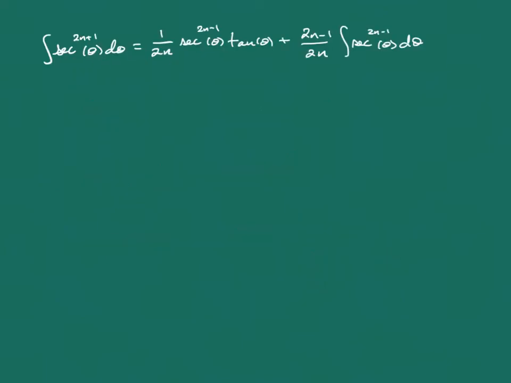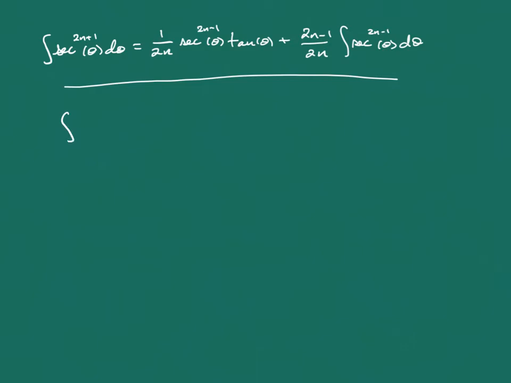If you wanted to go back and see where this formula actually comes from, remember that we obtained this formula by integration by parts. That shows up in one of the previous videos, so if you want to review where that comes from, it's probably not a bad thing to do to refresh your memory. But this is the recursive formula that we're going to use.